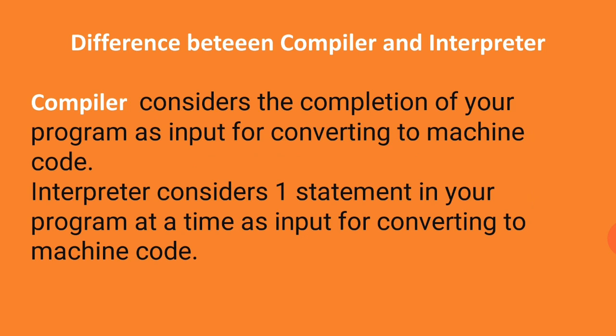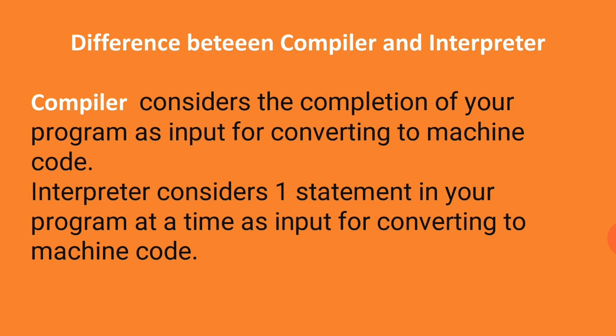Compiler and interpreter both convert the program into the machine code. Program what you write is actually the source code, and through compiler or interpreter that is converted to the machine code. So this basic thing is similar in compiler and interpreter both.